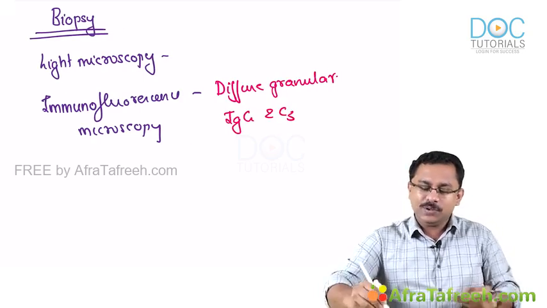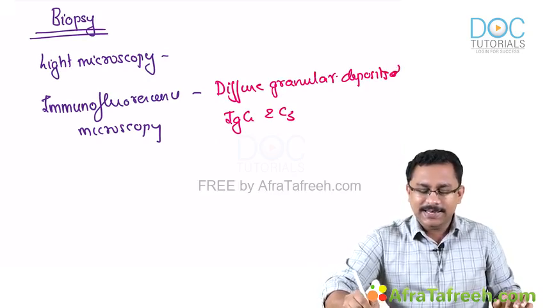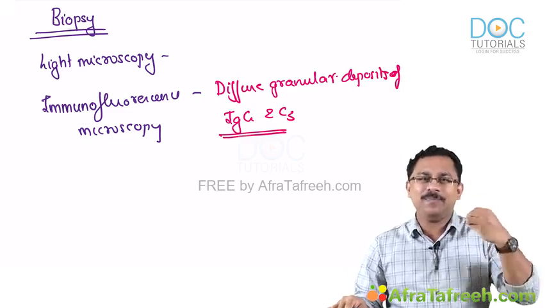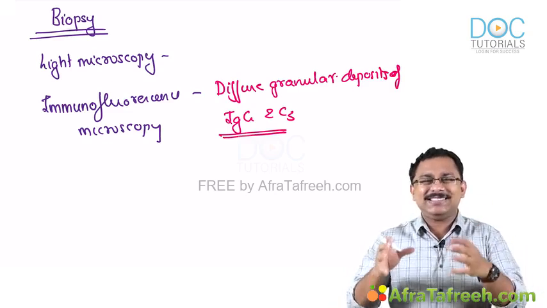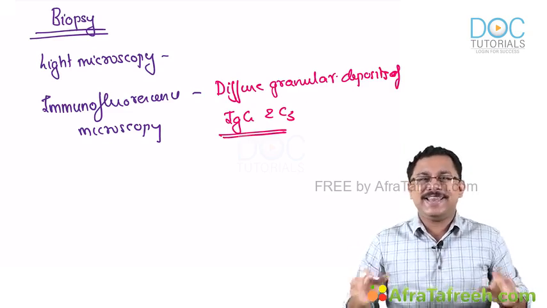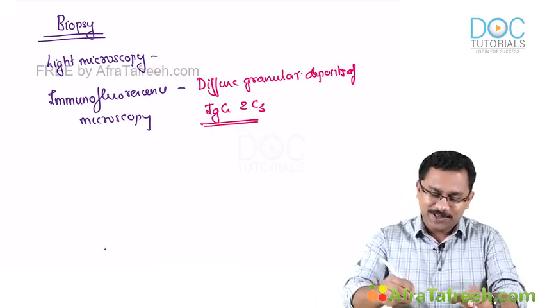In case of FSGS, you may get some IgM, but here it is IgG and C3 which is deposited in a diffuse granular manner. That is what you get in immunofluorescence microscopy.